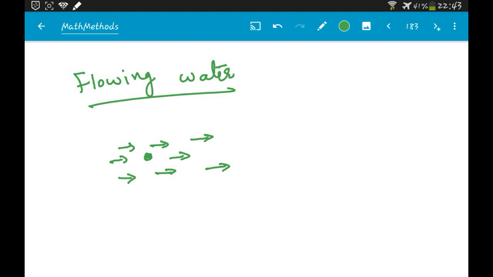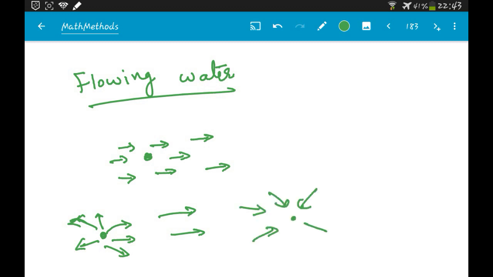So divergence is something like this: if there is a source from which water is coming out, and a sink where water is flowing in, then divergence of a vector field represents the magnitude of the flowing water, in the sense of whether it is going inside the sink or going outside the source.